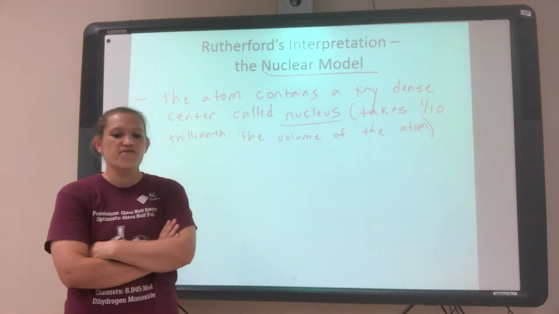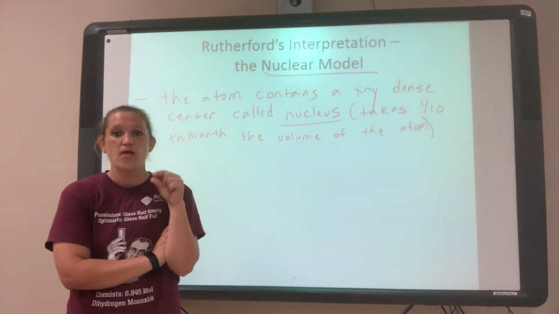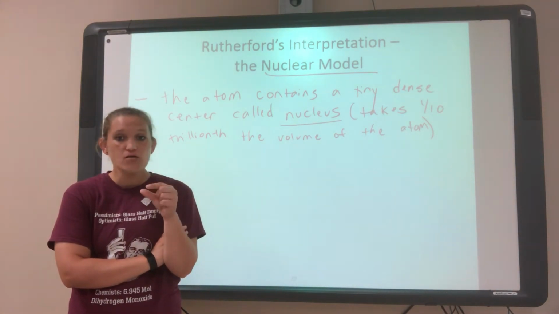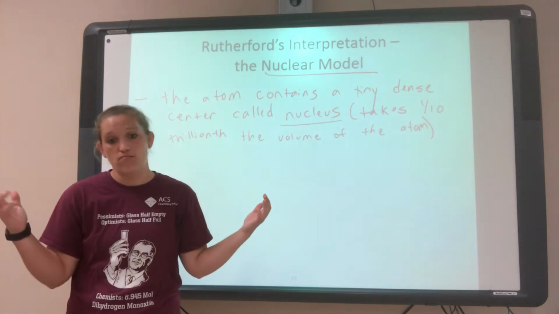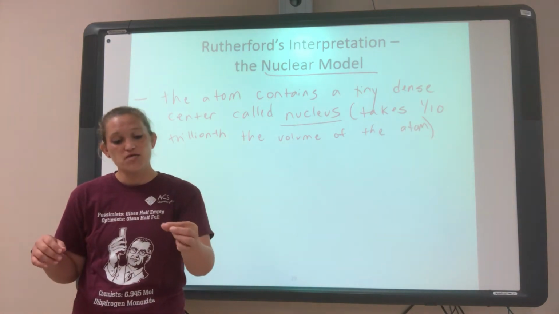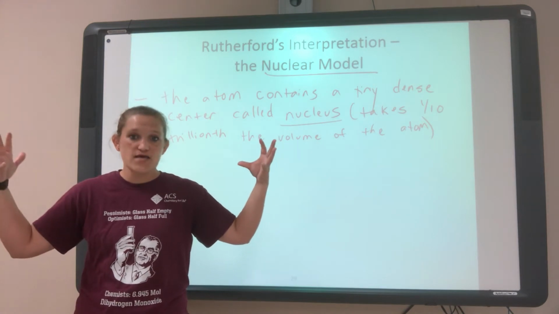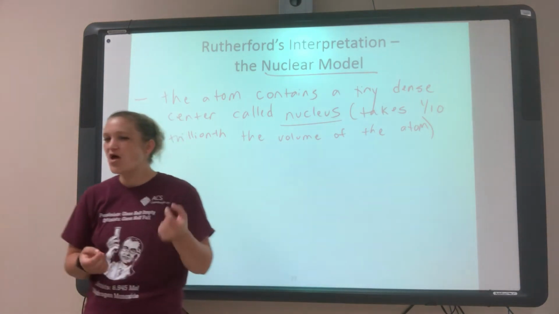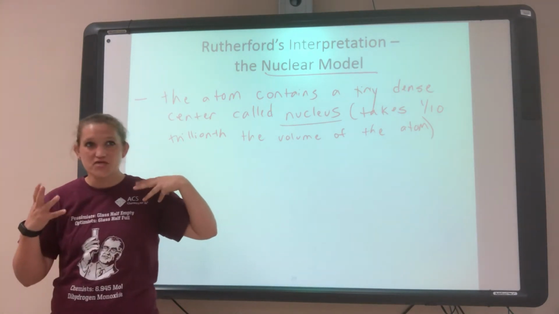This would be like if you had one little grain of rice on the 50-yard line in the middle of a football field, and the entire atom was the whole stadium. So the nucleus would be the grain of rice, and the whole stadium would be the atom. Still not quite this, but it gives you something to think about.